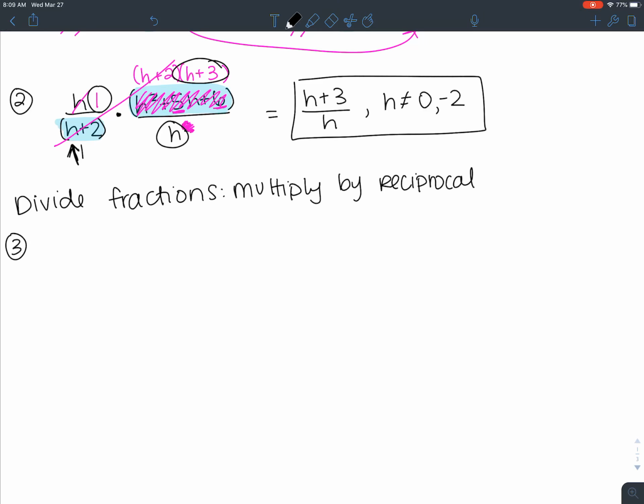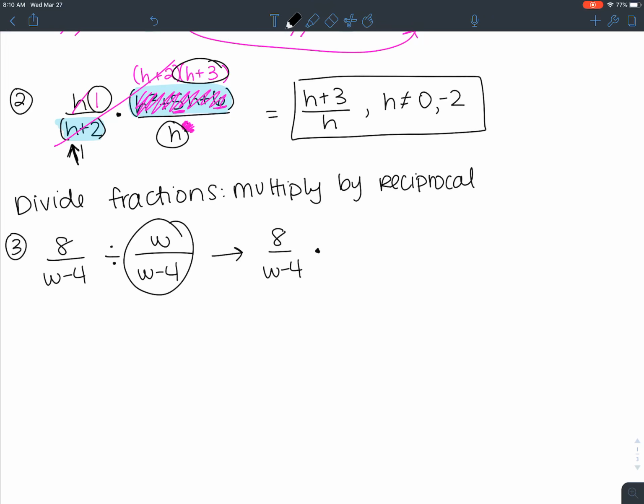So what that looks like is if we have 8 over w minus 4 divided by w over w minus 4, then the fraction that we're going to be flipping is the second one, so that it'll become 8 over w minus 4 stays, and this is now w minus 4 over w.